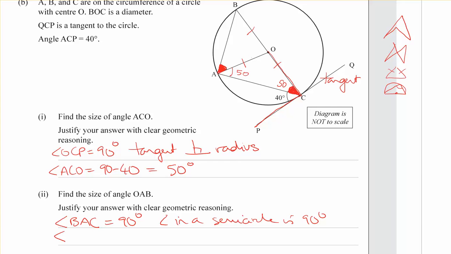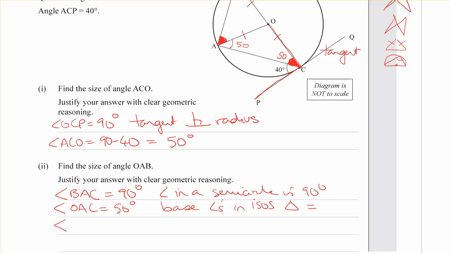We'll once again say that angle OAC equals 50 degrees, and that's base angles in an isosceles triangle are equal. And that means that angle OAB that we're trying to find will be 90 minus 50, which is 40 degrees.